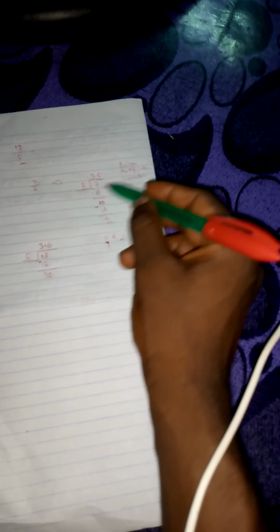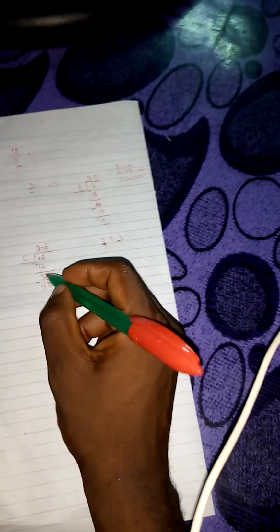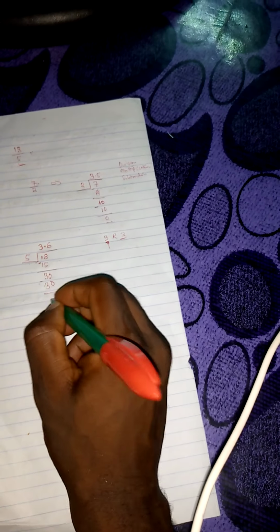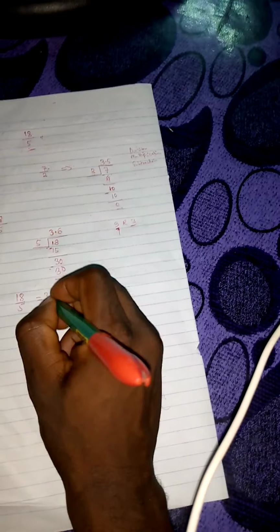You multiply, because you have multiplication as the next operator that should come in. 6 times 5 is 30. The last operator is subtraction. So you subtract this minus this, you have 0. So therefore 18 divided by 5 is what you have on top, 3.6. That's how to go about it to have the 0.6.